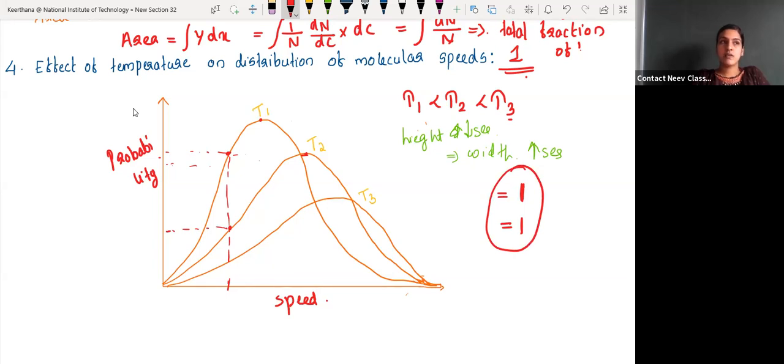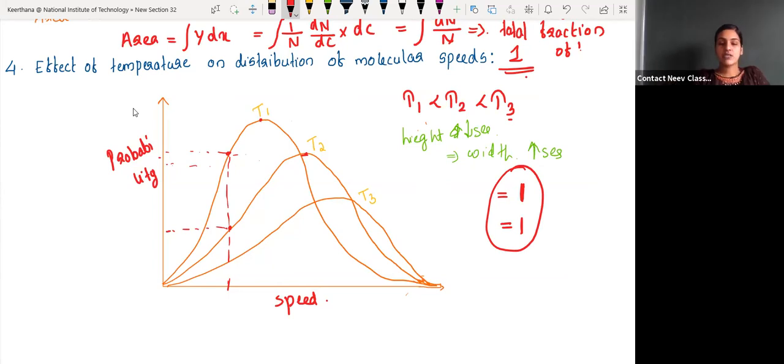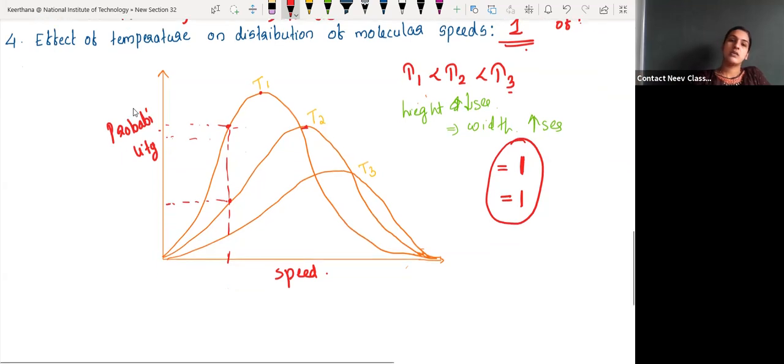Are you agreeing with this? Yes, ma'am. So either I can write probability of finding a molecule possessing a particular velocity decreases, or you can write fraction of molecules possessing a particular velocity decreases. As height decreases, it means fraction of molecules possessing a particular velocity decreases.